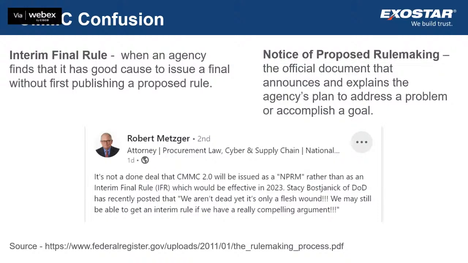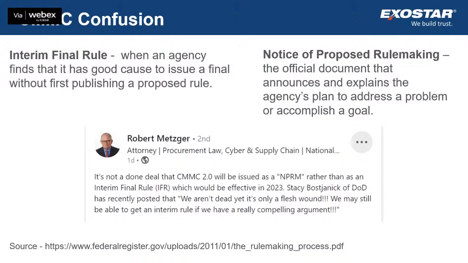We thought that this is what CMMC would have attached to it kind of last November, or prior to November of last year, 2022. We thought once CMMC was submitted, it would come out as an interim final rule. That meant that we were expecting 60 days after that it would start to show up in DFARS clauses.